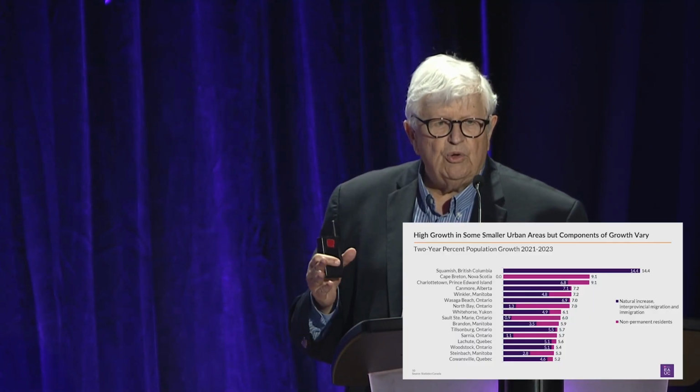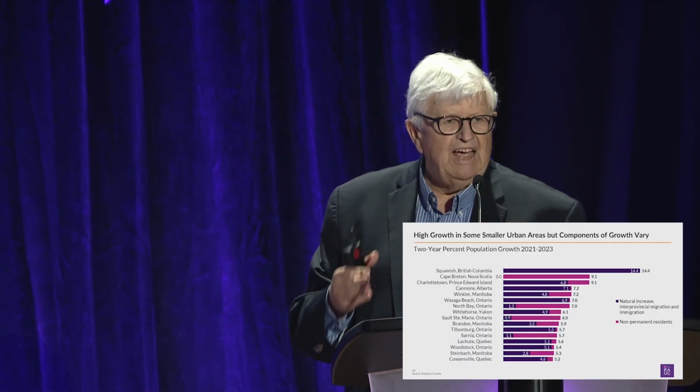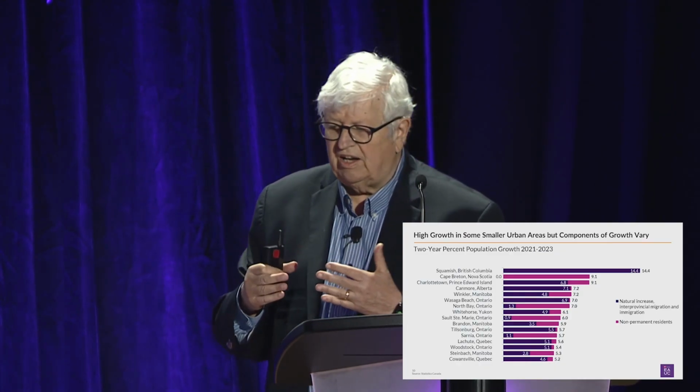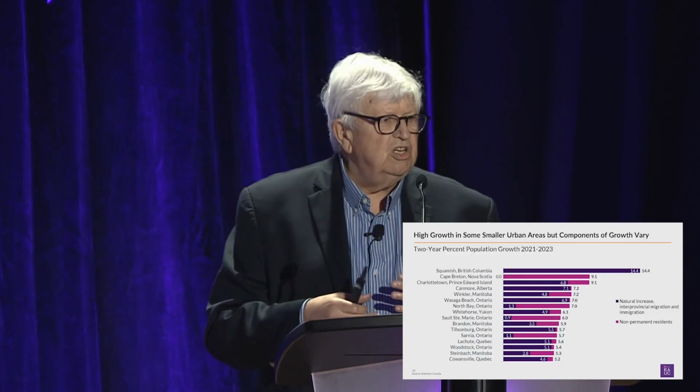Virtually all of the growth in Cape Breton due heavily to the influx of international students into the Cape Breton area. Similar in places like Sault Ste. Marie, Sarnia, and North Bay. Lots of temporary migrants fueled that high growth. In other areas, good growth in Charlottetown, in Canmore, in Tillsonburg, for example, growth due to interprovincial migration combined with international migration.